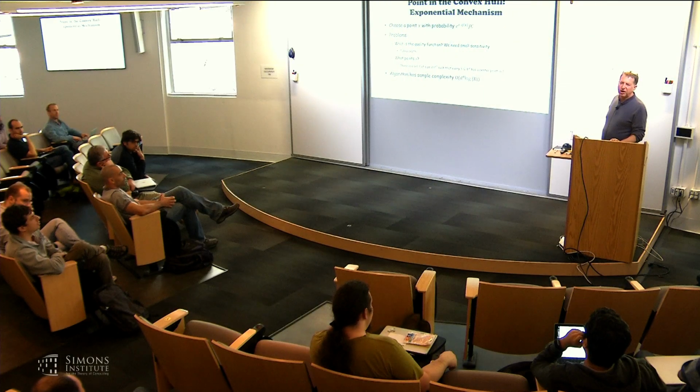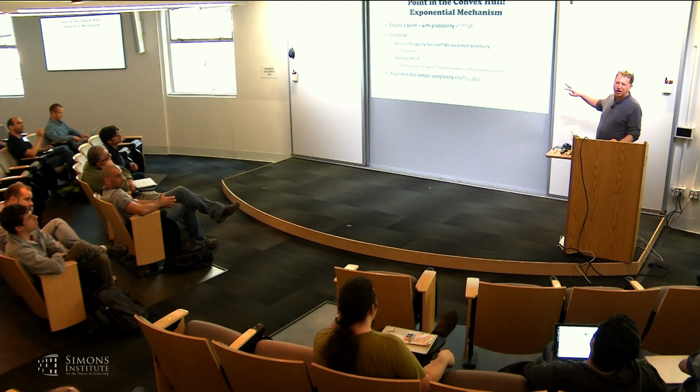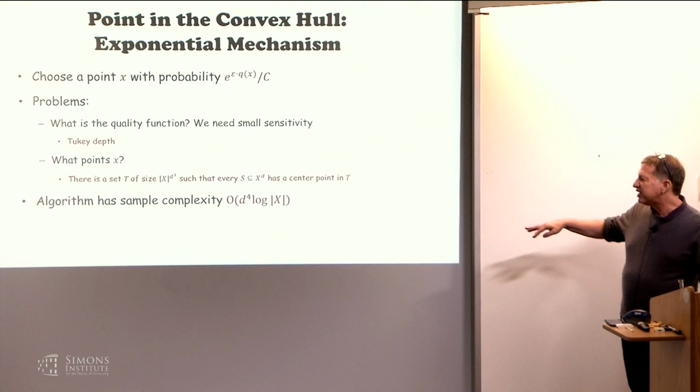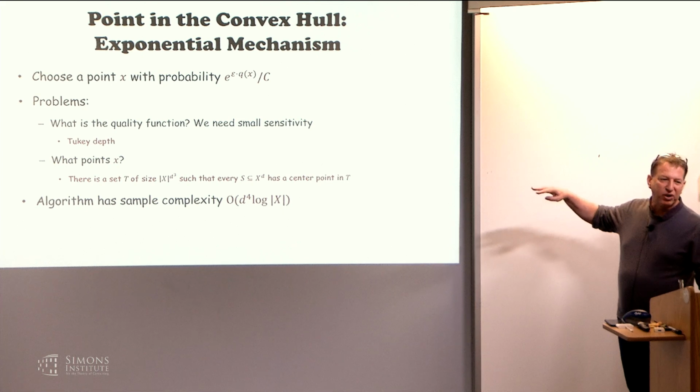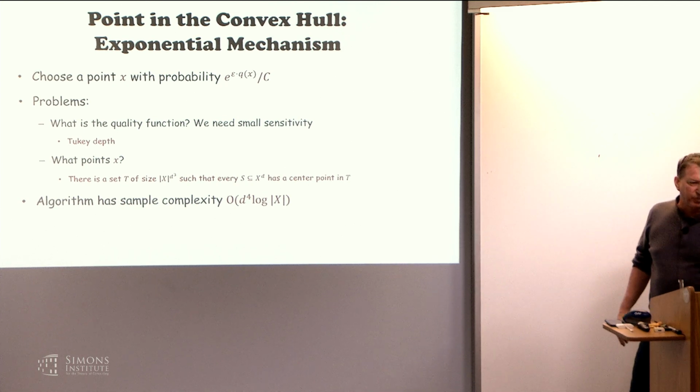This is what we know how to prove, and later we'll depend on the log star of this, so we didn't bother to optimize it. So as Gautam said, the way we know how to implement the exponential mechanism, this is the best we know. Maybe with a little bit more geometry, we can improve it slightly, but not too much.